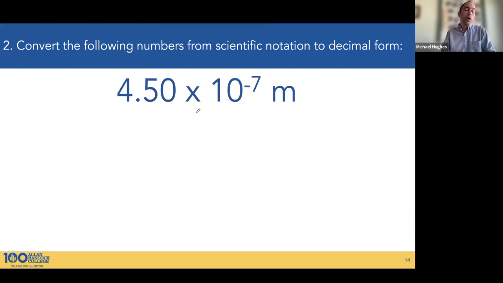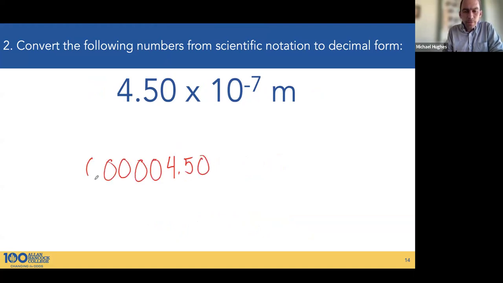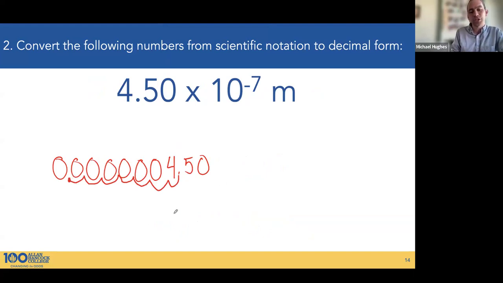So a number smaller than 1 meter is 4.50 times 10 to the negative 7 meters. So start with our decimal notation. We're going to need a few zeros this time. Sure we add enough. Negative 7 times, so we're going to move 1, 2, 3, 4, 5, 6, 7 in the negative direction.